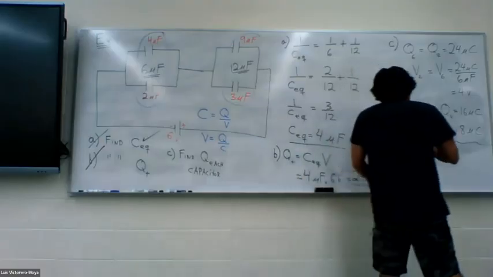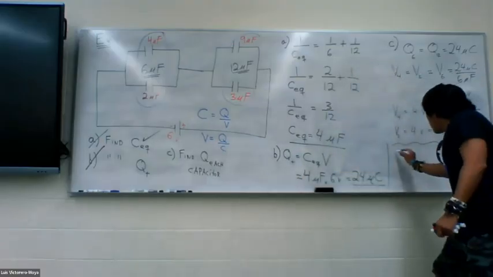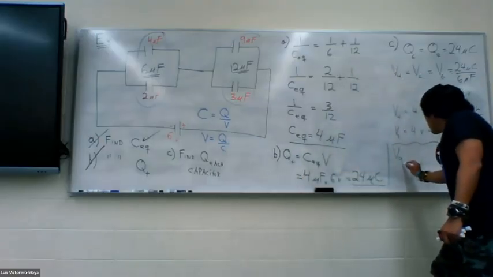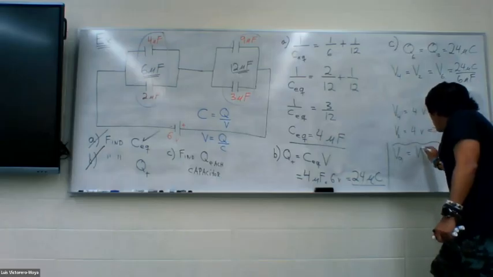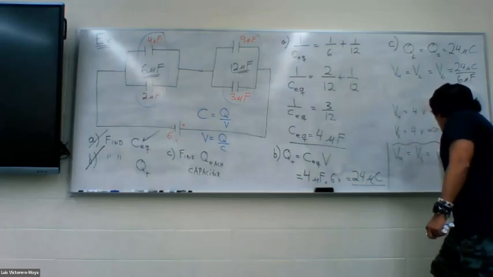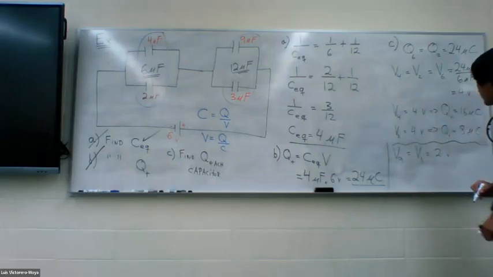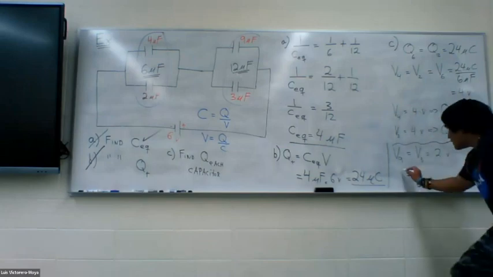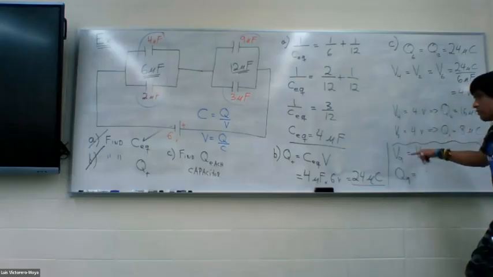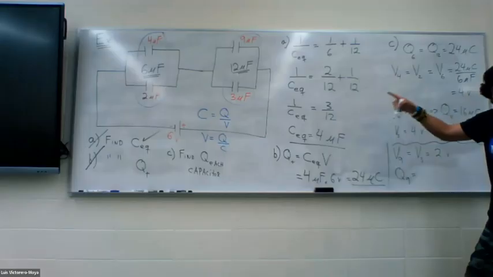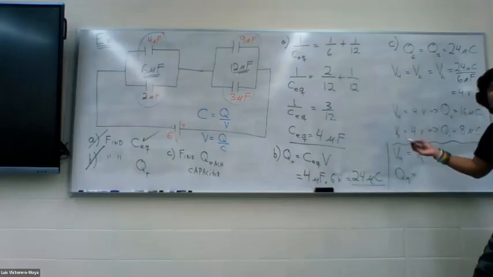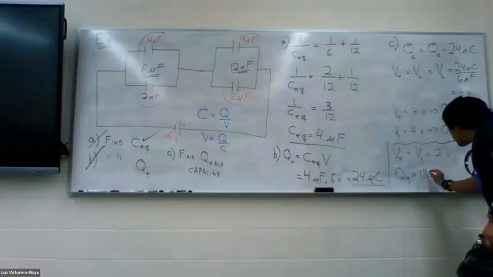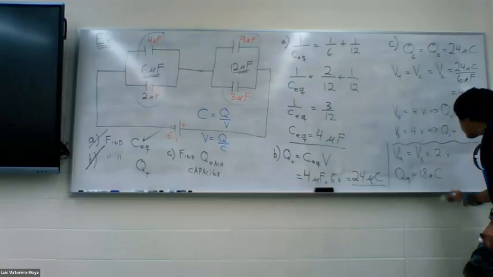So we can just say here that the voltage on 9 is equal to the voltage on 3 is equal to 2 volts. If I have the voltage, just like I did here, the charge on 9 will be the voltage, 2, times the capacitance 9, 2 times 9, 18 microcoulombs.